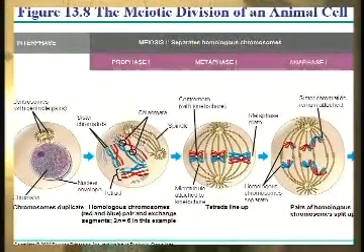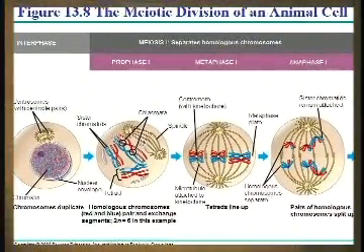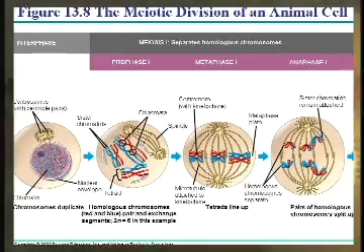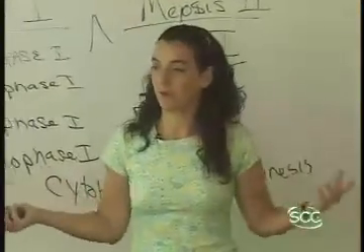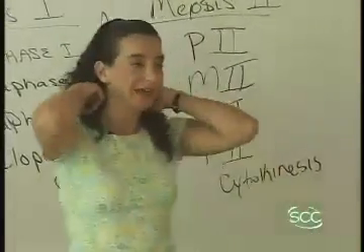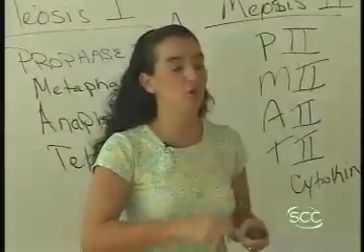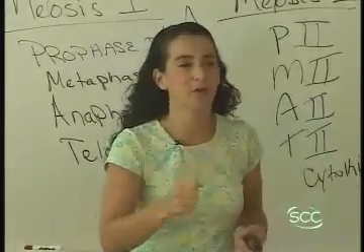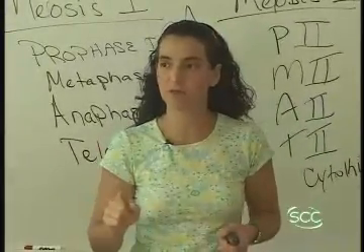Well, let's start off looking at this. We have interphase. During interphase, we have G1, we have S, where our chromosomes are duplicating, and then we have our G2 phase. At the end of our G2 phase, if they say, okay, is this cell ready to go into meiosis?